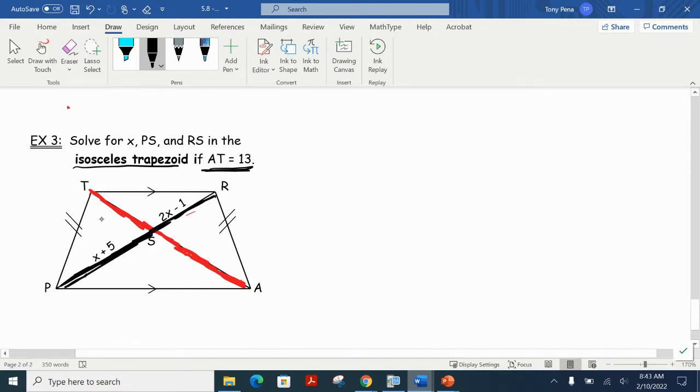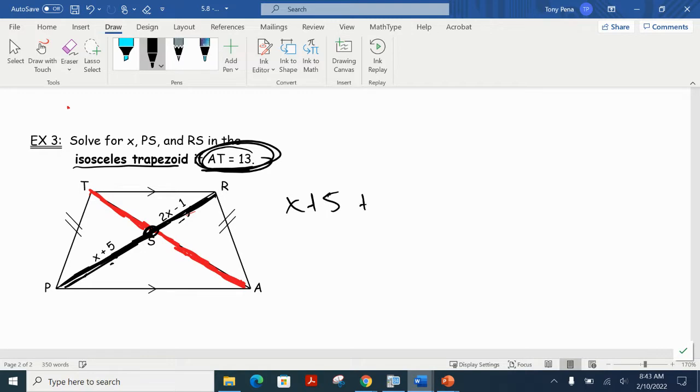So if the red diagonal is 13, then this black diagonal must also be 13. So those 2 guys, the x plus 5 and the 2x minus 1, must add up to be that 13. While giving you the other one, it's really giving you the one that we're working with because they're congruent to each other.